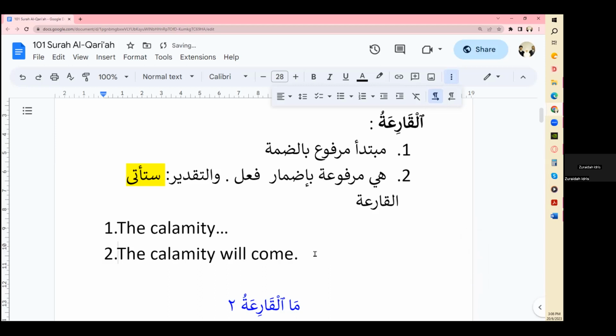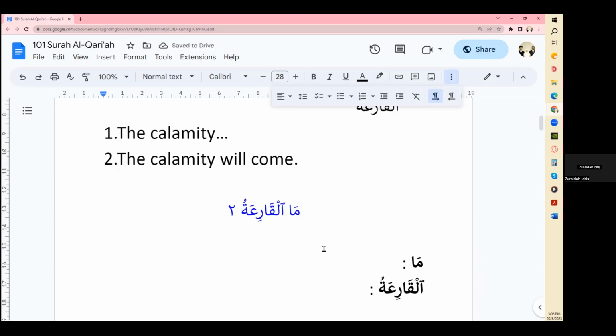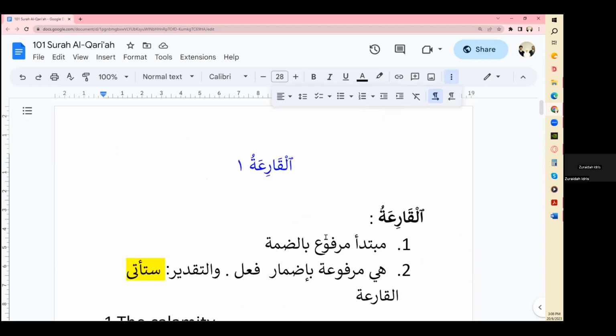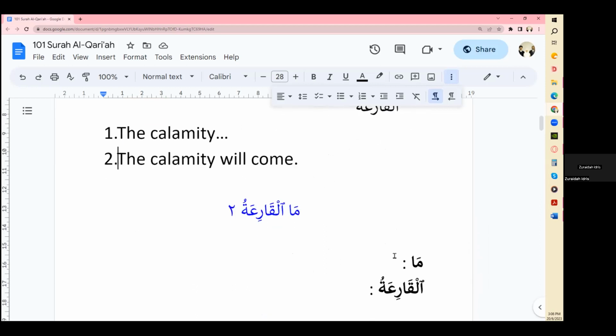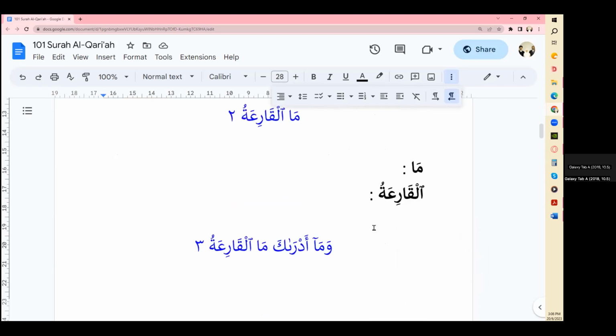Okay. So now, ma al-Qari'ah. This is our translation, I put it down here. Okay, Sister Hamisa, what is ma here? Is it ism istifham? Yes, it's asking a question. And usually, if it's asking the question and it's an ism, what's the role that it's playing here?